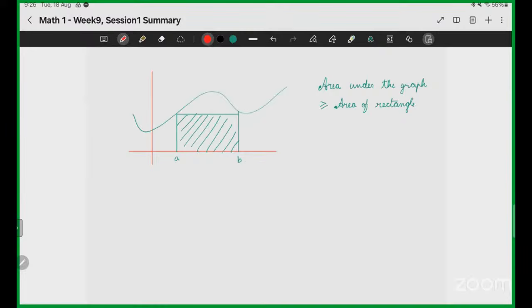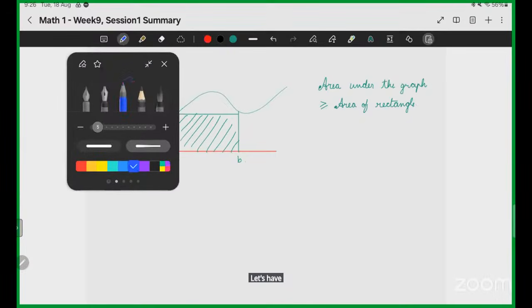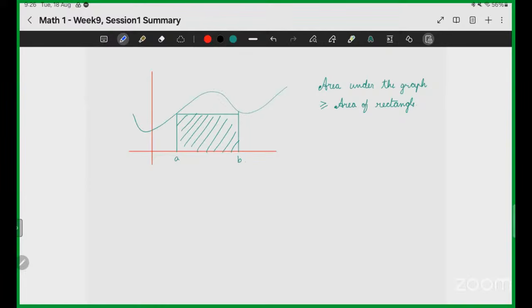Now, what about the other thing? Suppose I take the maximum of the function in the interval. Let it be this blue line. And then I just draw a vertical and compute the area of this. Let's assume that it is passing through that.